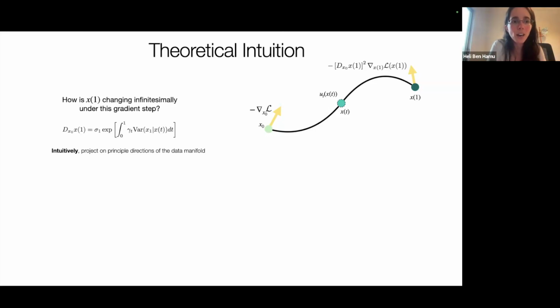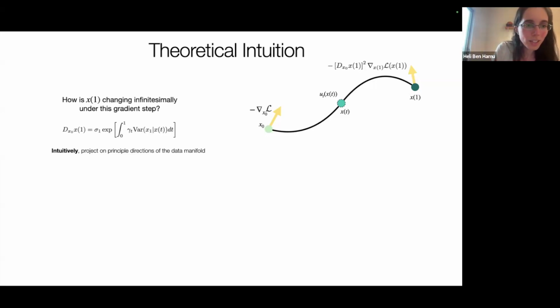And this projects the direction that x1 goes onto the data manifold. I'm only going to give intuition here, but what we see is that this Jacobian term is an integration over the variance of x1 given xt.